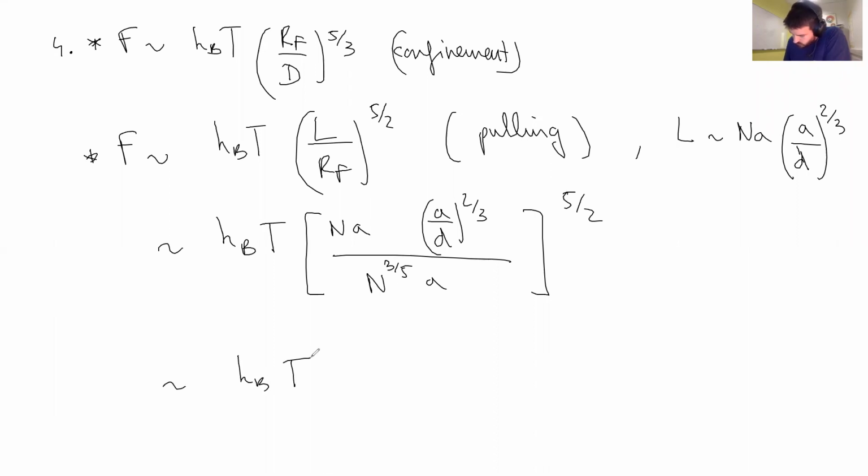What do I get? I have N^(5/5) divided by N^(3/5), so 2/5, but with a 5/2 here, so it's N. Those guys, they vanish, and then I have a over D to the power 5/3. And thus I can put the N inside.